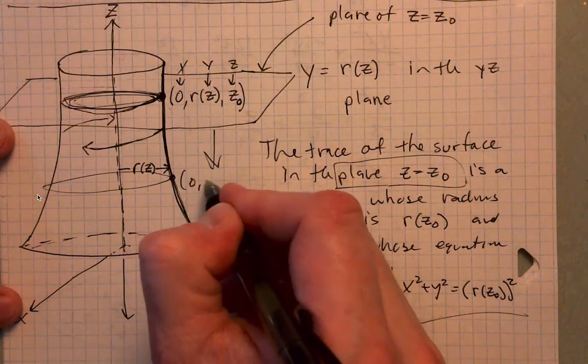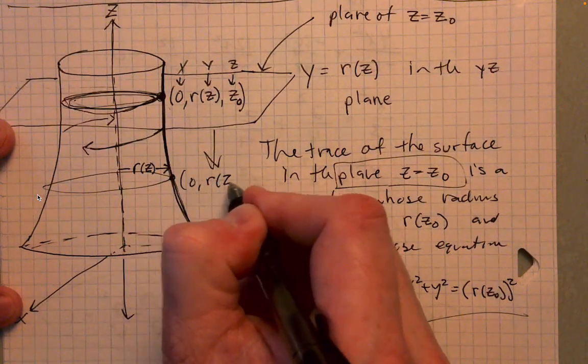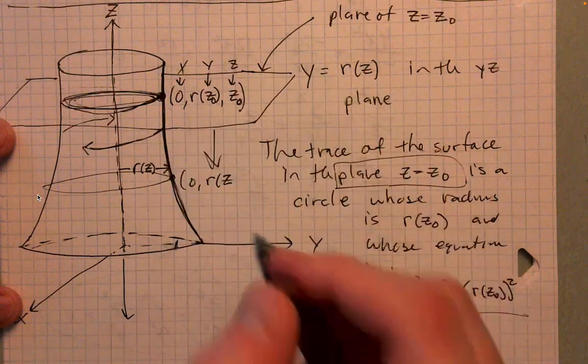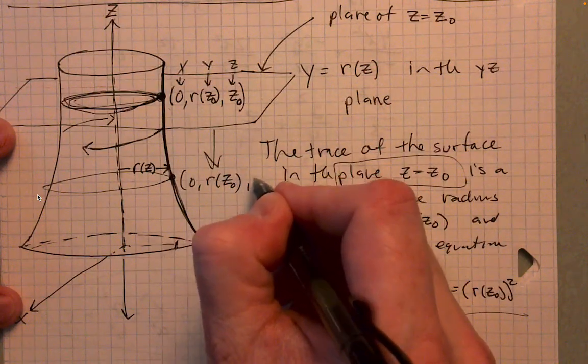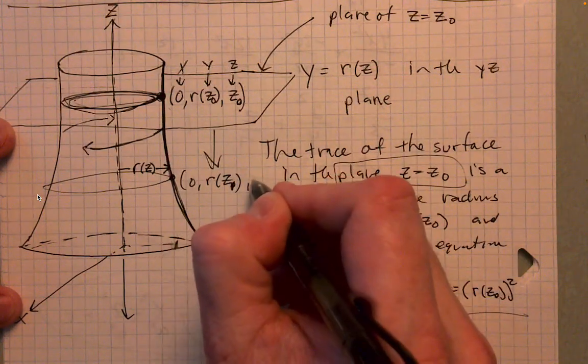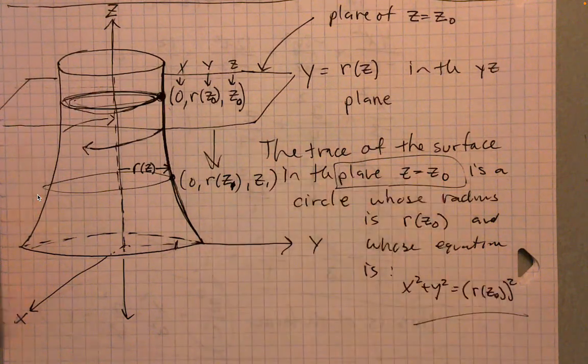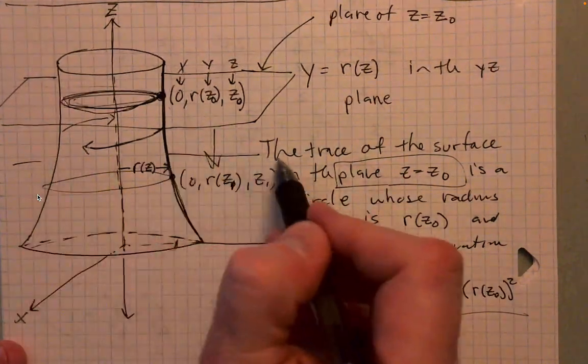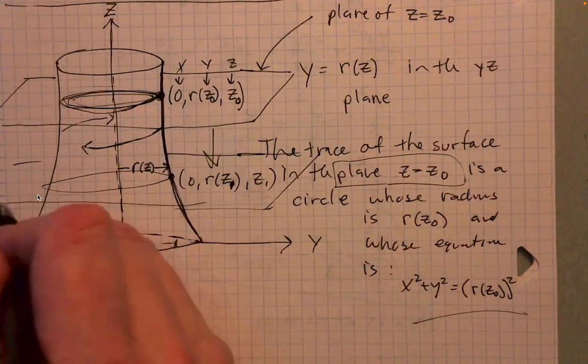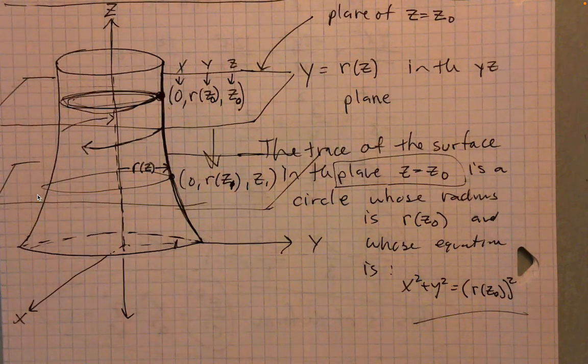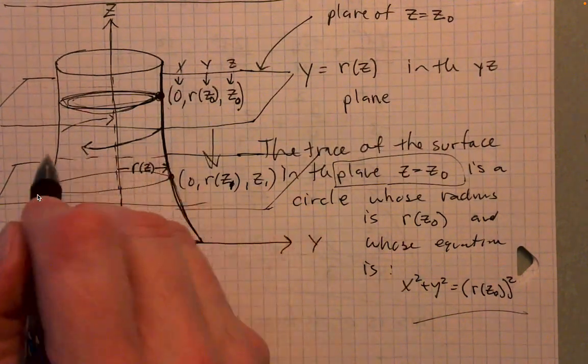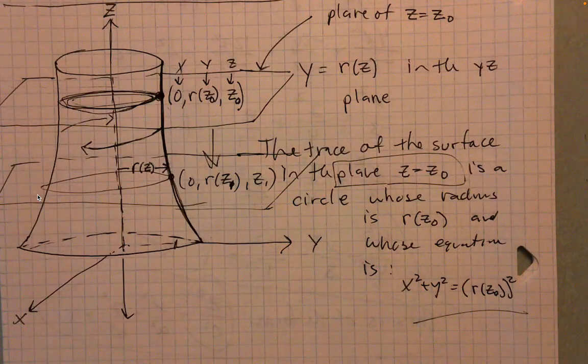It'll be 0, r of z naught, and for the other one, 0, r of z1, z1 we'll say. So the plane can move up and down here. Hopefully that's coming across. You have to use your visualization skills quite a bit here.